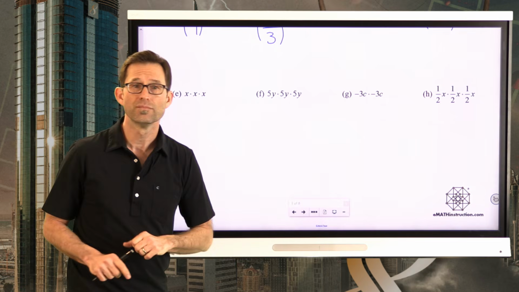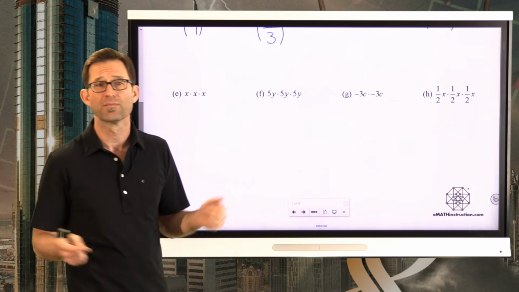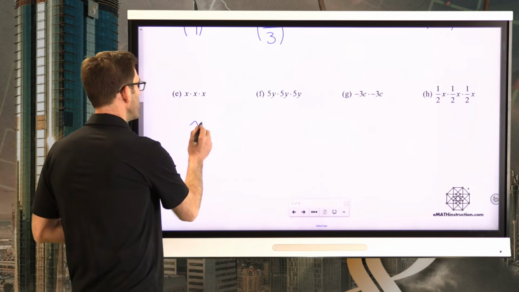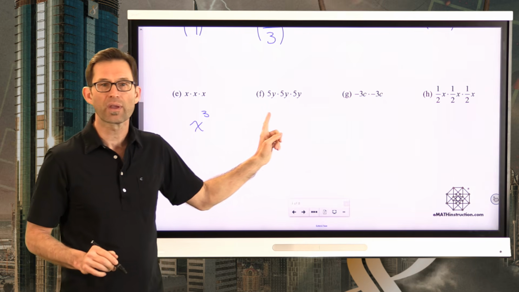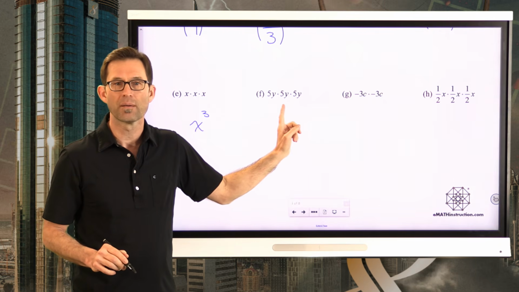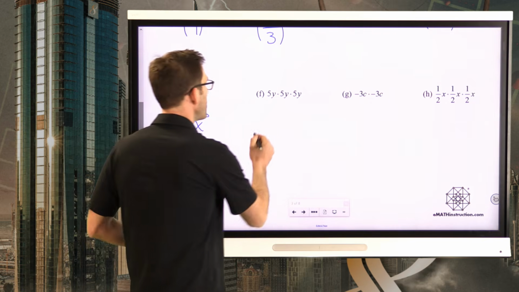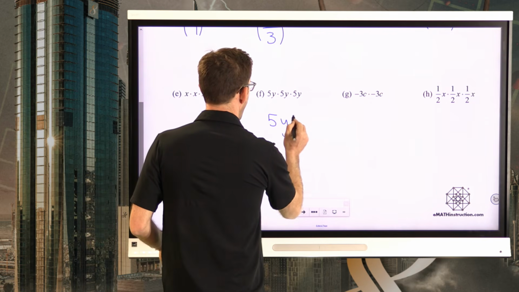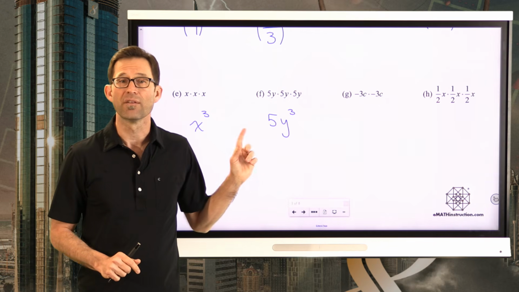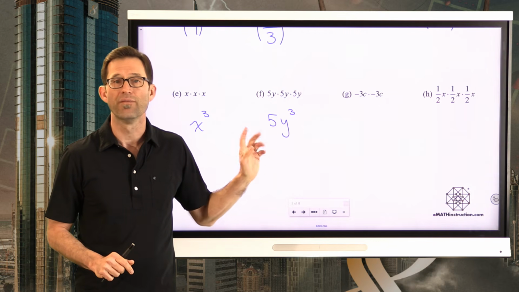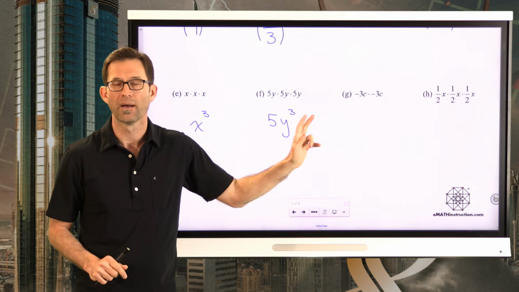Now, letter E, again, x times x times x, simple enough. That is simply x to the 3rd. But this one again can be tricky. It would be tempting, 5y times 5y times 5y, to say that that is 5y to the 3rd. But again, the problem here is that 5y to the 3rd is really 5 times y times y times y.